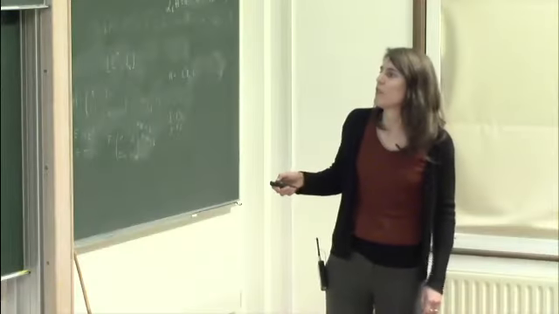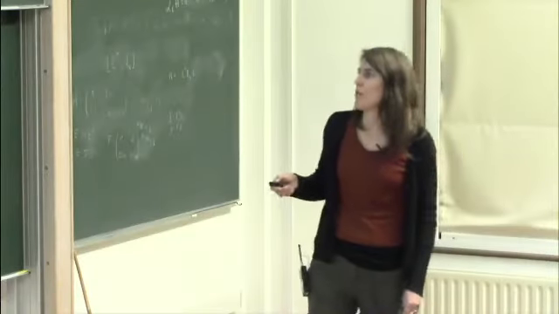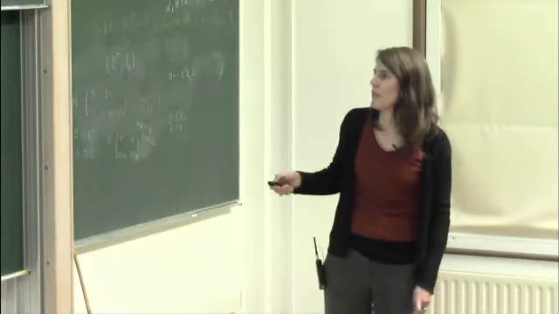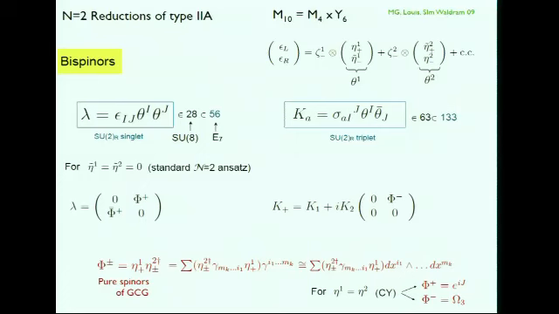So phi plus is e to the iJ, and phi minus is omega_3. So these are the holomorphic 3-0 form and the 1-1 form of the Calabi-Yau. So you should think of this lambda and k basically as e to the iJ and omega, or some E7 version of e to the iJ and omega.